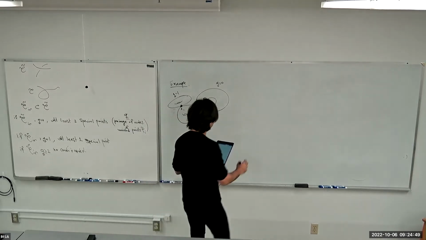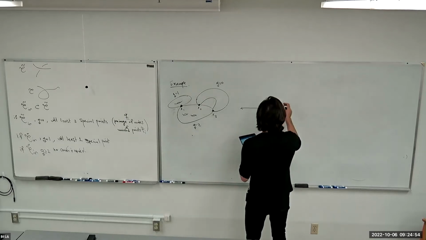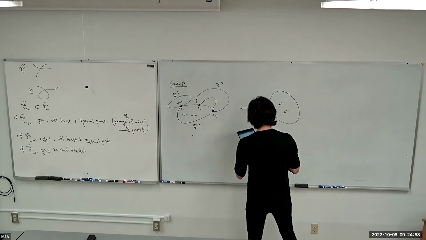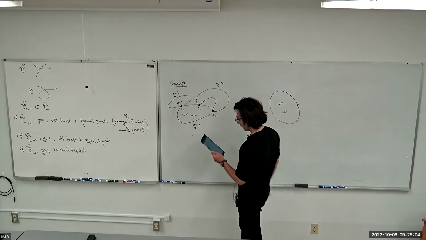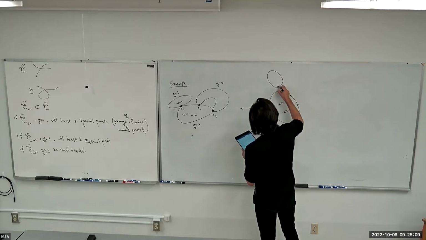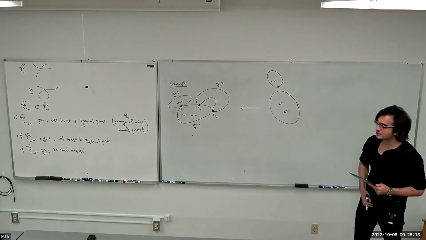And then I can look at the normalization of this thing. Normalization, normal variety, so it kind of separates these pieces. So it looks like this. And this has 2 nodes over here. And then there is this one, which has 1. This is the pre-image of the nodes, basically. These are smooth components.